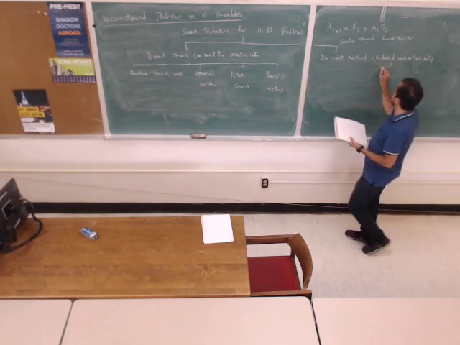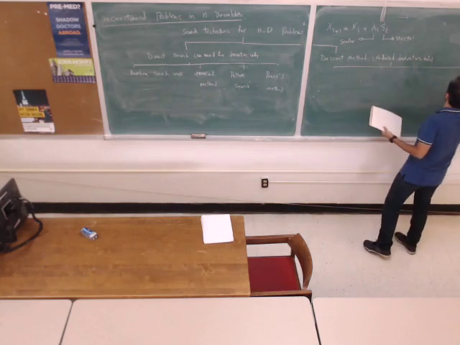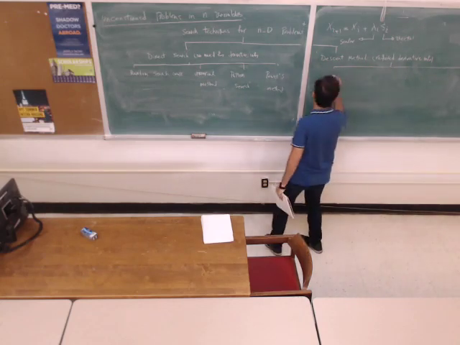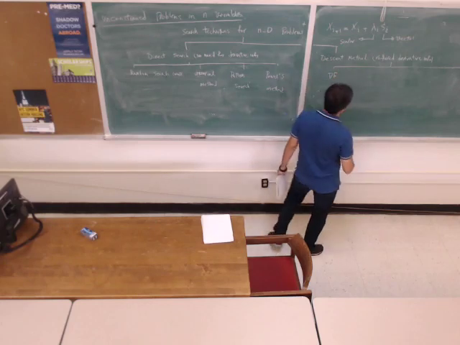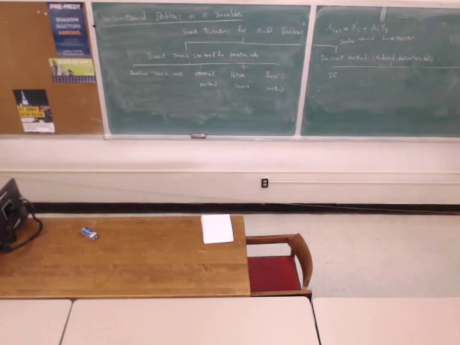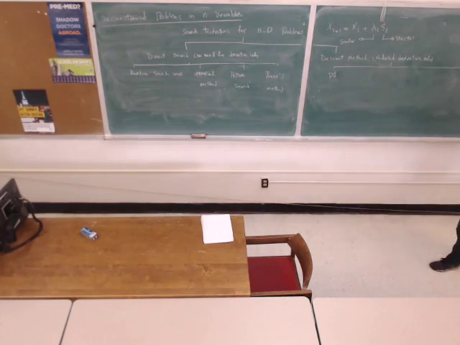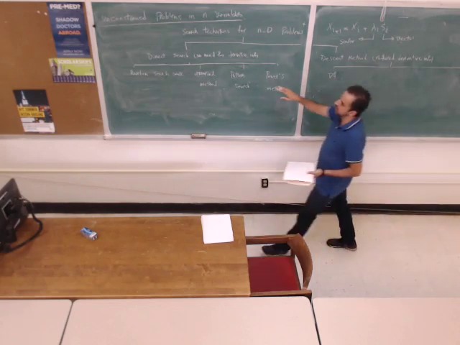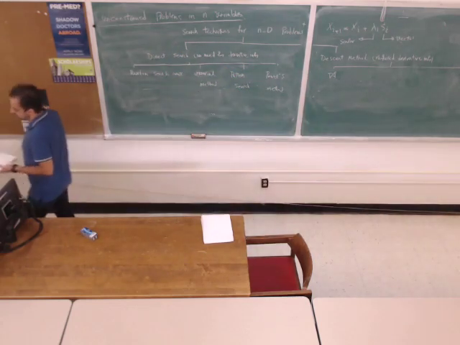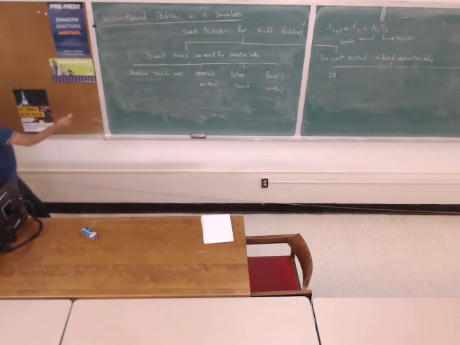The descent method can be classified into subcategories. The first includes methods in which we need only gradient information, or the first derivative of the objective function. Gradient, if you remember, when we have n variables, the first derivative is going to be a vector.